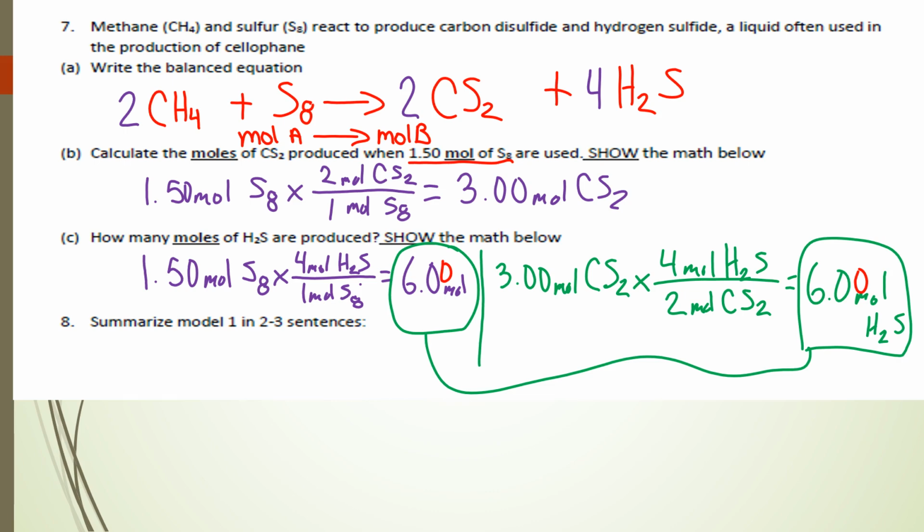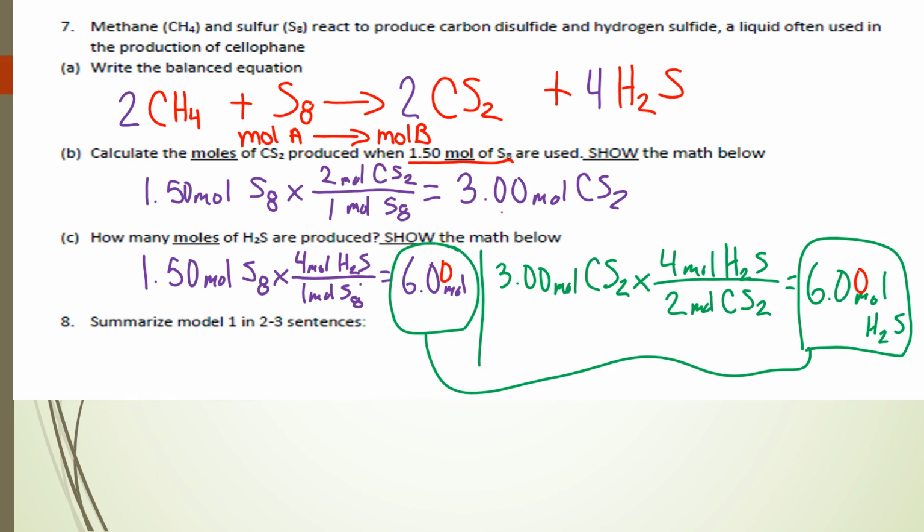All right. So going through this one, it didn't matter if you started with your original given or if you started with your answer from your original problem. You're going to come up with the same thing. So if I start with 1.5 moles of S8 and I establish my mole ratio that I have 4 H2S to 1 mole of S8, I get 6 moles.